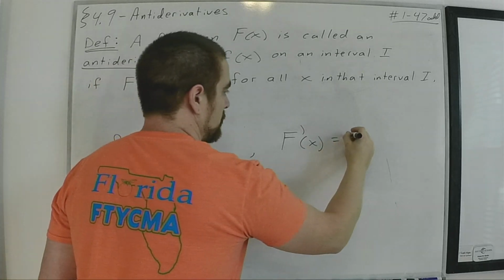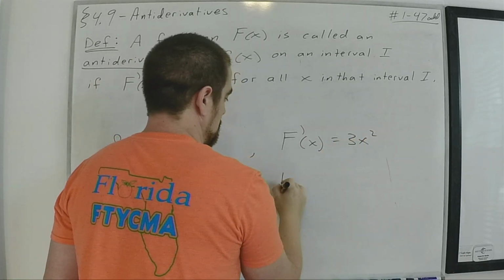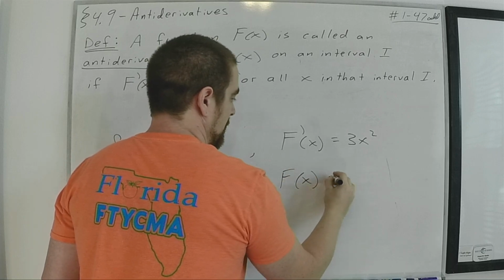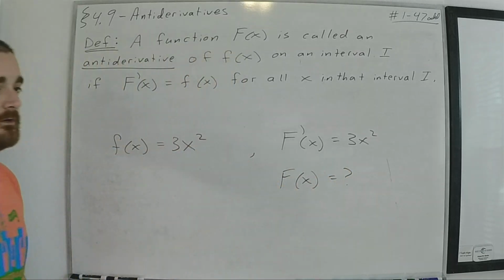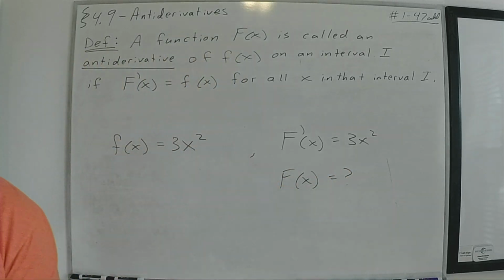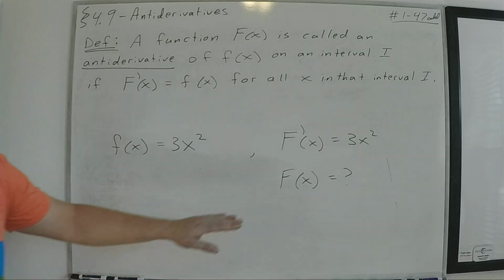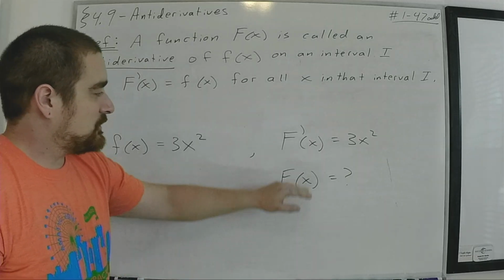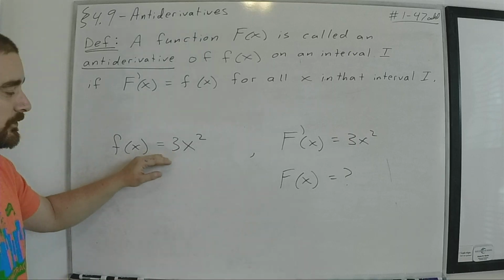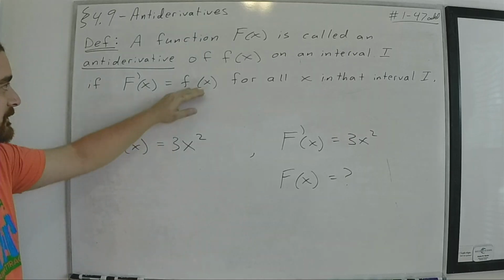I get 3x squared when I differentiate it. The question for us right now is, what is that function? Is there some function out there, capital F of x, such that when I differentiate it, I get f of x, which is our function that we're talking about?